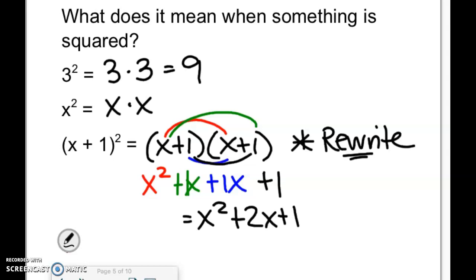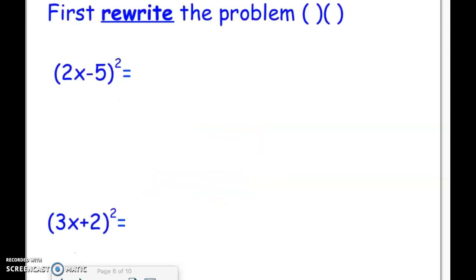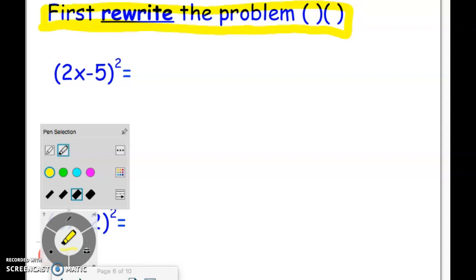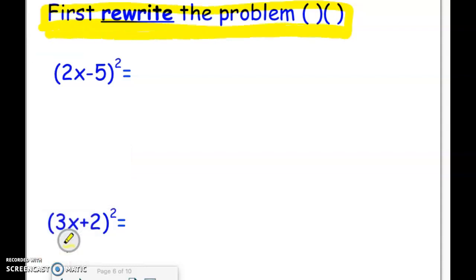Okay. So we need to rewrite it before we can do anything. So first, rewrite the problem as 2 sets of parentheses. I would put this in your notes and pause the video so you have a chance to do that. Maybe see if you can rewrite these before I go ahead and solve them. But first you want to rewrite the problem.